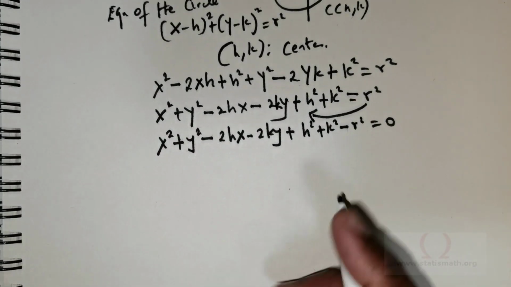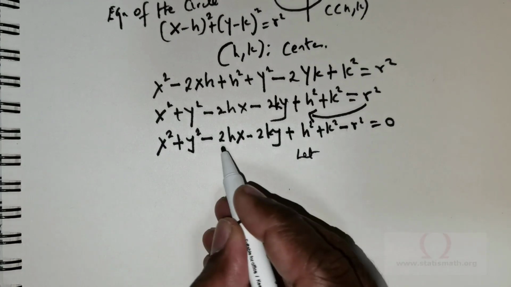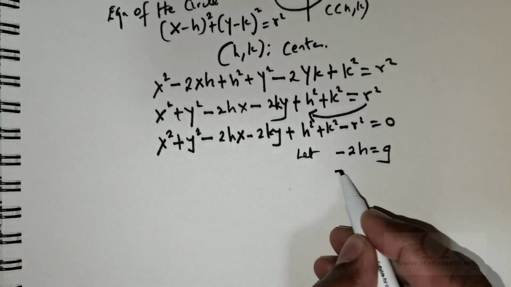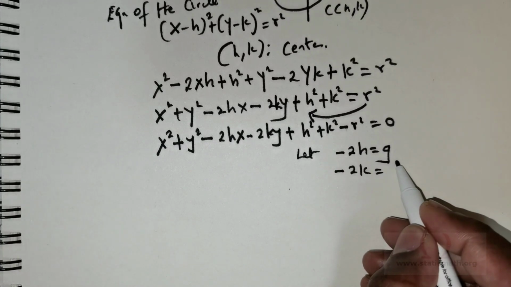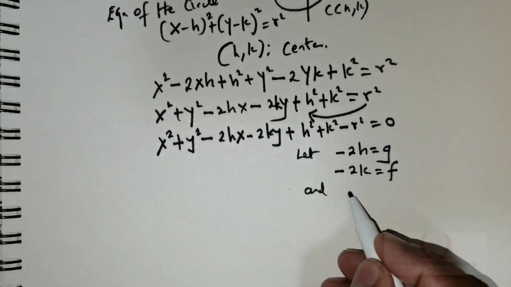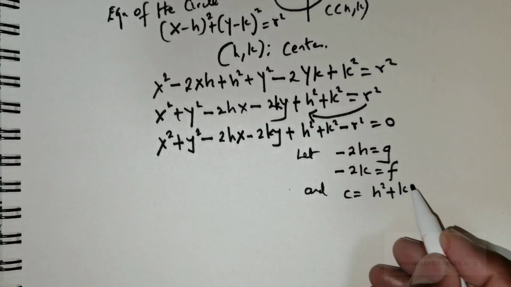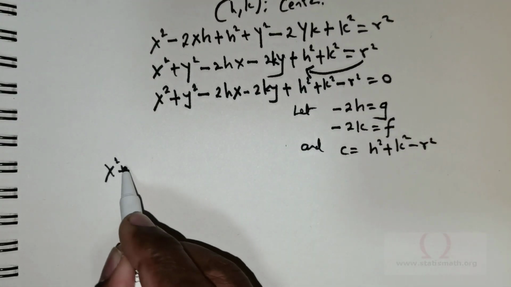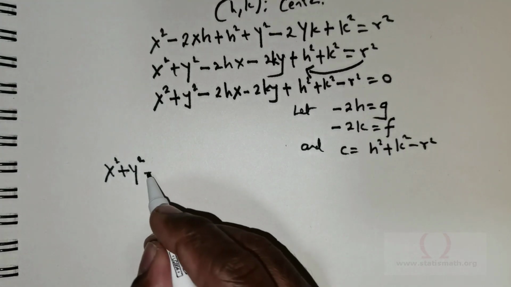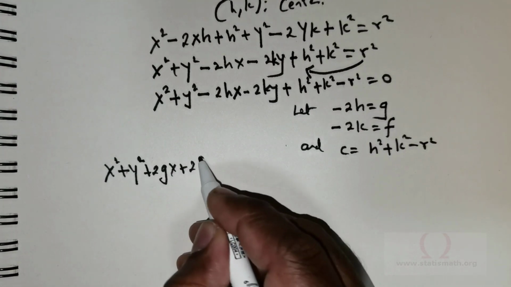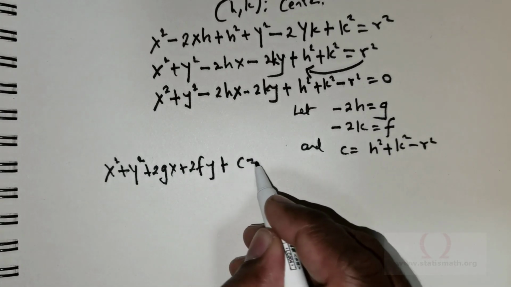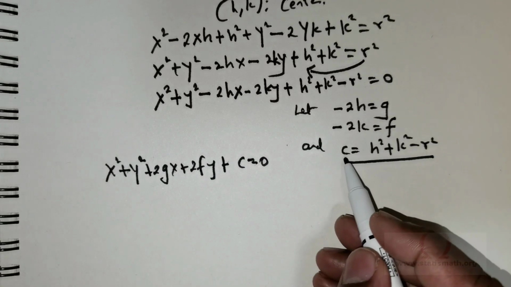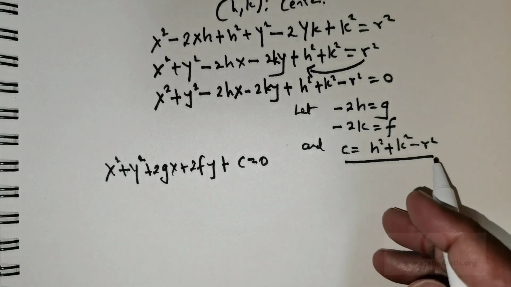Now I'm going to take the quantity −2h to be equal to g, and −2k to be equal to, say, f, and I'm going to take c to be h² + k² − r². So when I do that, this equation is rewritten as x² + y² + 2gx + 2fy + c = 0, where the expression for c is h² + k² − r².